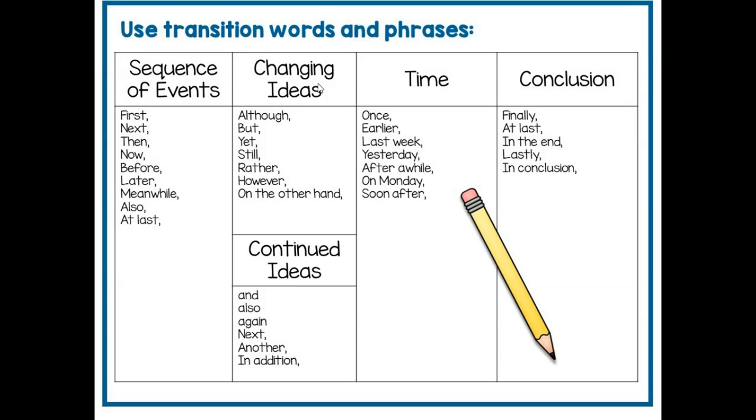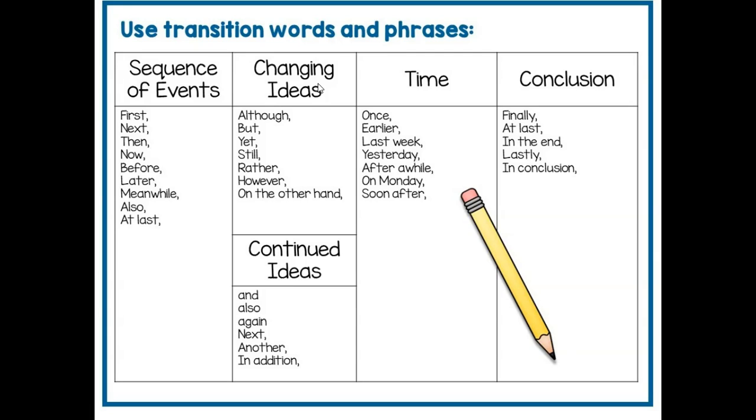Changing an idea would be signaled by words like although, but, yet, still, rather, however, on the other hand. All of those can be words that let the reader know you are changing your idea or your thought. Continue ideas can be signaled by words like and, also, next, again, another, in addition.